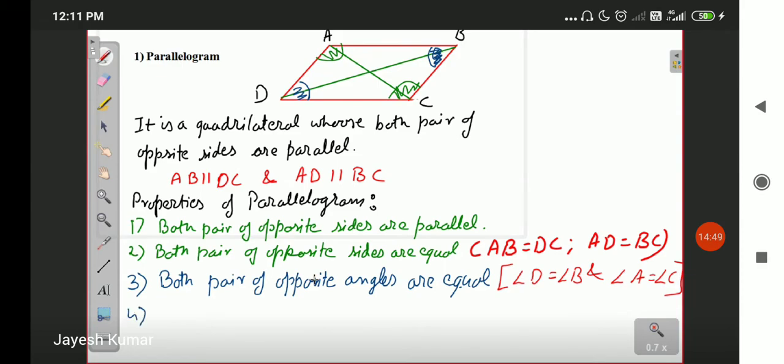Next, fourth property. Until now we have opposite sides parallel, opposite sides equal, both pair of opposite angles equal. We are done till that. Let us take one more property about the angle. Adjacent pair of angles are supplementary.